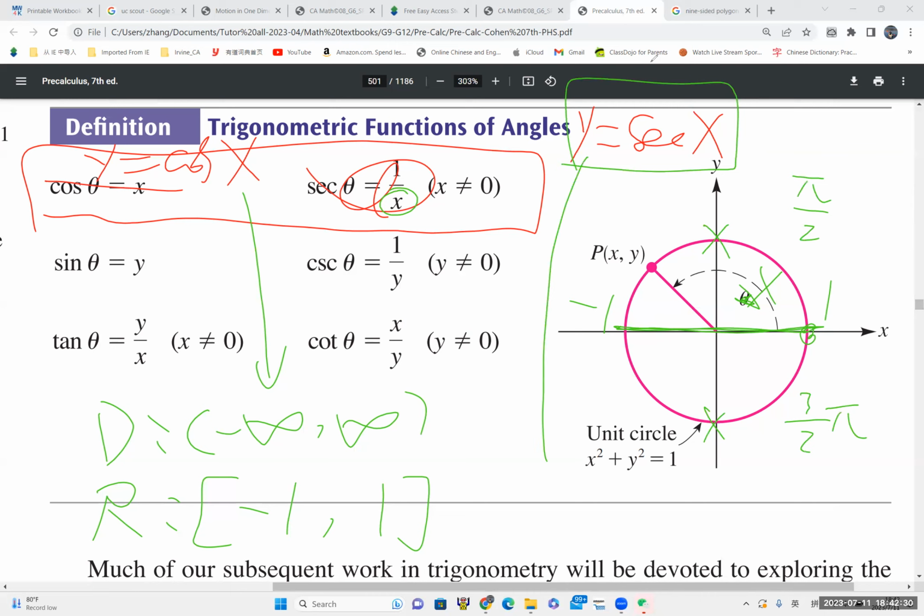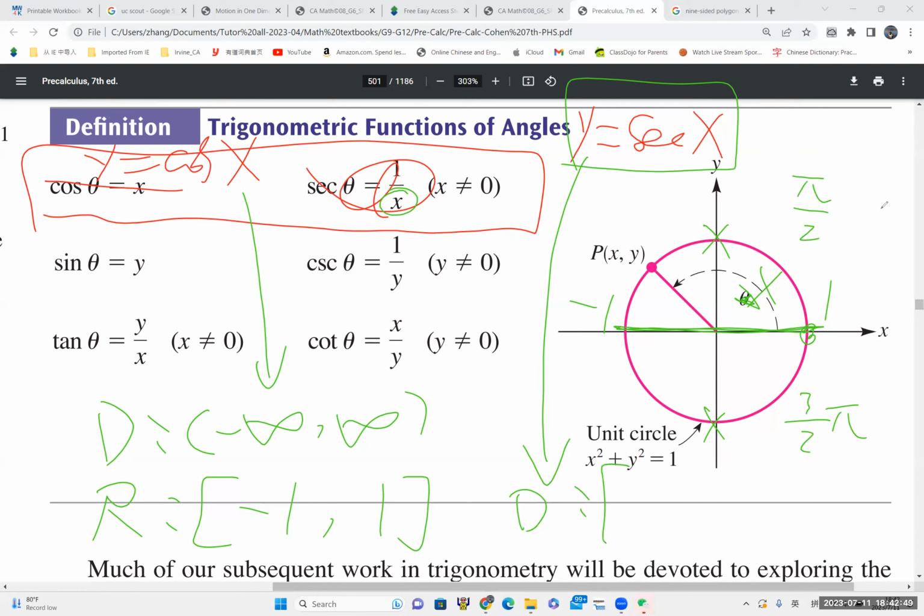Then for this y equal to secant x, its domain is, yeah, you can say there can be negative half pi, half pi, then jump through this. You add a pi.